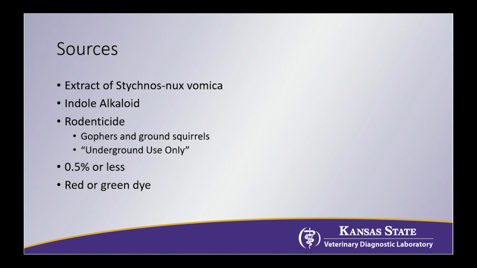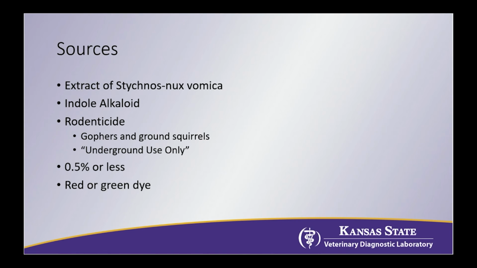This one I wanted to include because we maybe don't see it as commonly as some of the other rodenticide baits that we've talked about, but strychnine, a natural compound, an indole extract from nux vomica, is used usually for animals under the ground. We see more problems with this for gophers or underground animals.